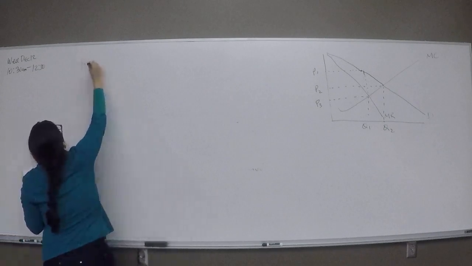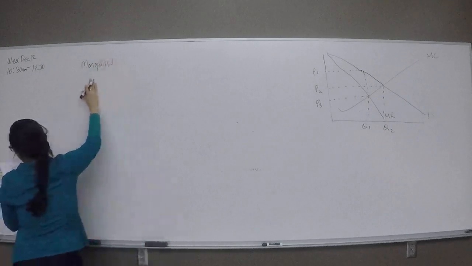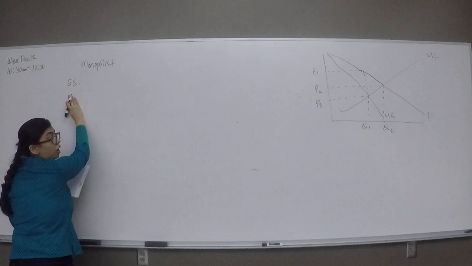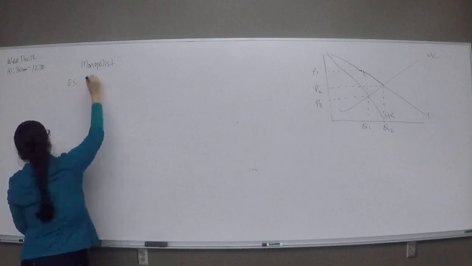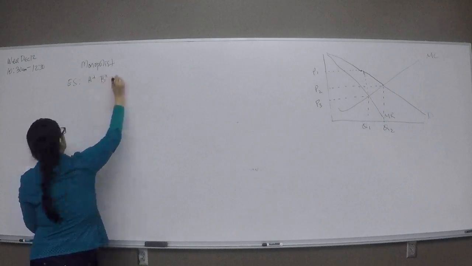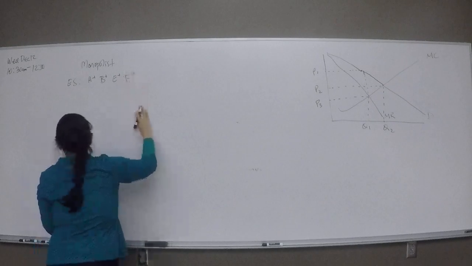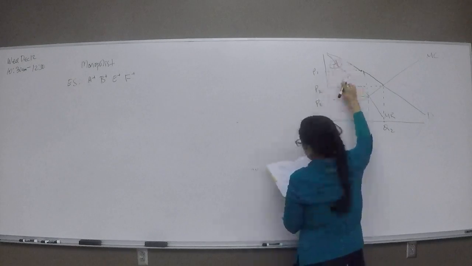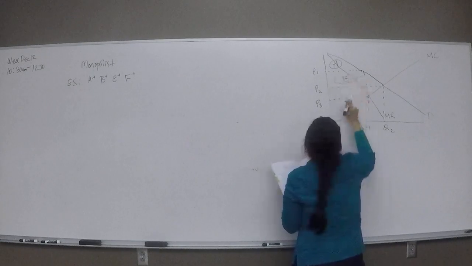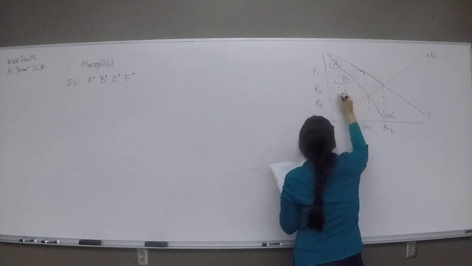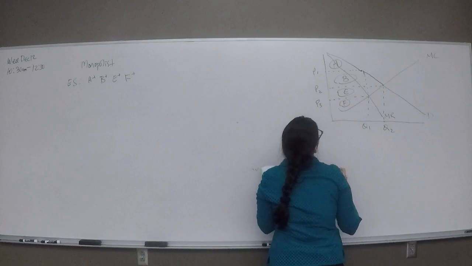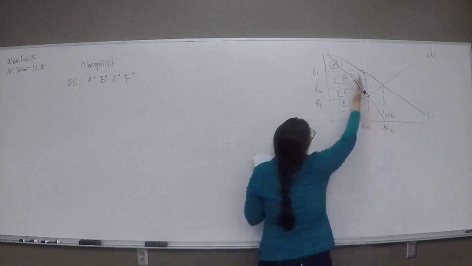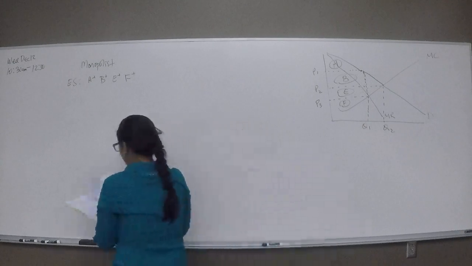For a monopolist, economic surplus, ES, is area A, B, E, and F. So this is area A. This is area B. This is E and F. So for a monopolist, this entire region is the economic surplus.